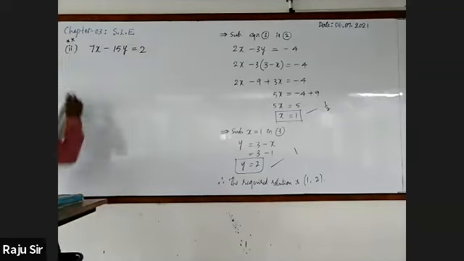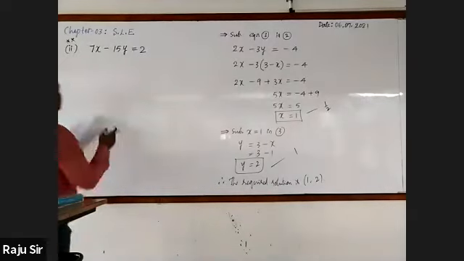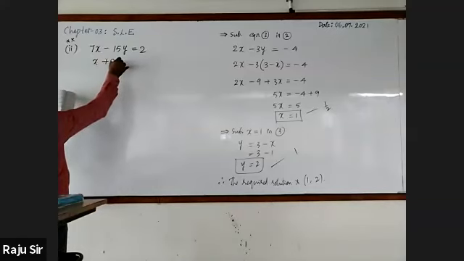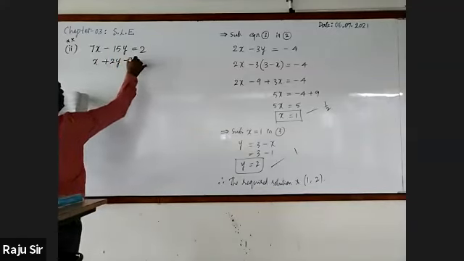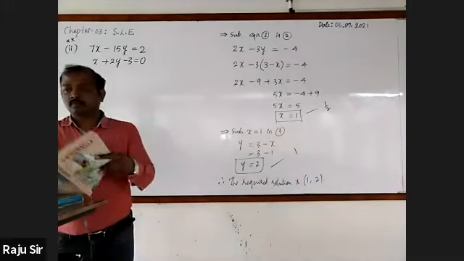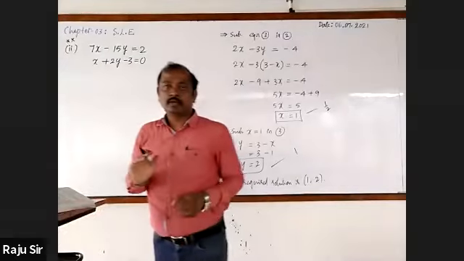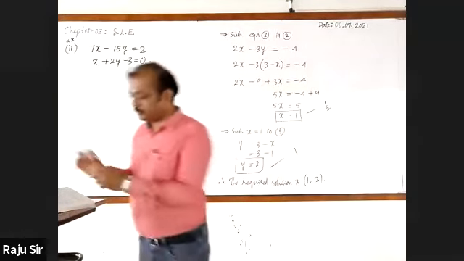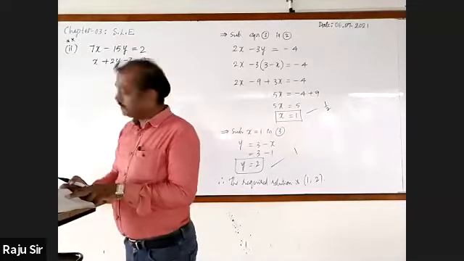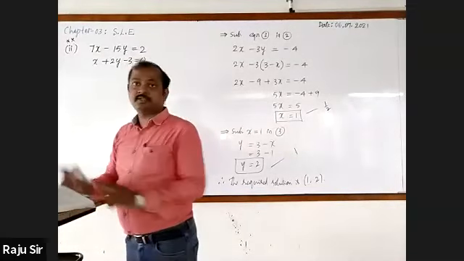Please put double star marks on this. Next, x plus 2y minus 3 equal to 0. You should go on writing with me. Once I repeat: 7x minus 15y equal to 2, x plus 2y minus 3 equal to 0.